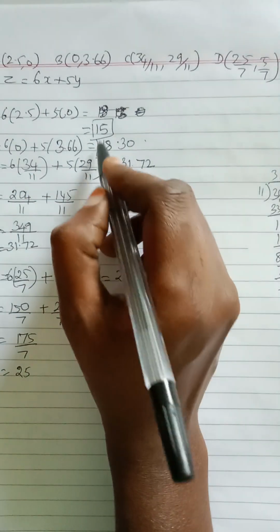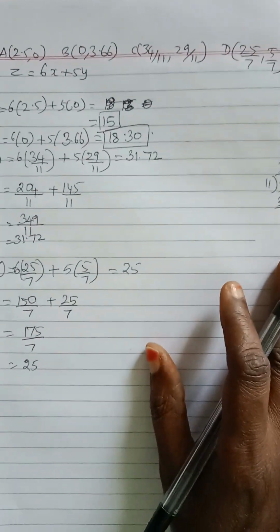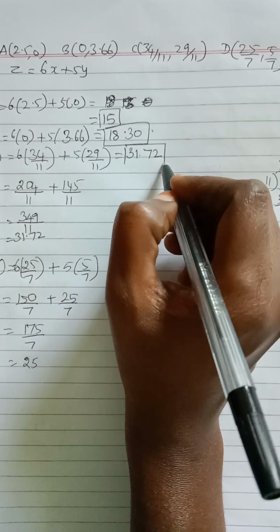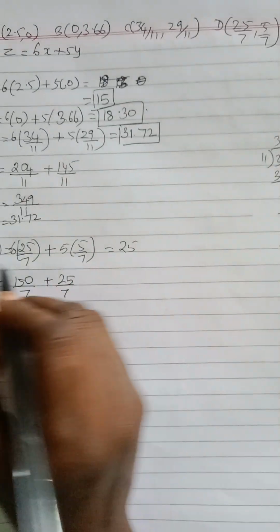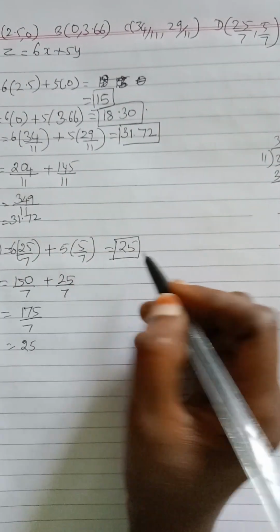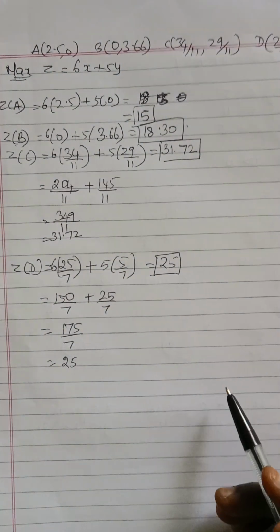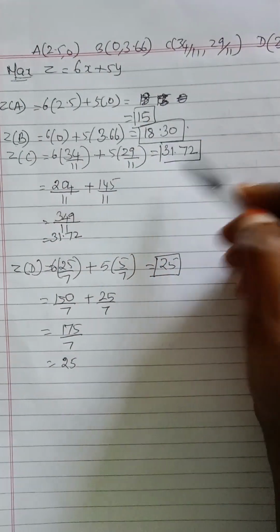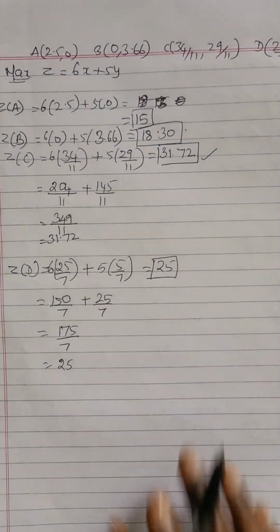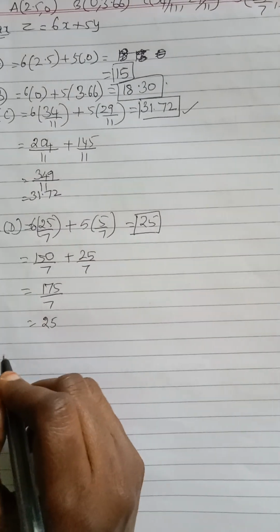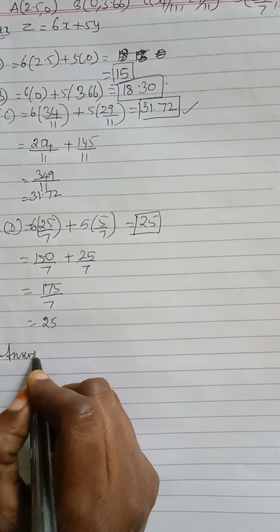So now I found out the 4 values. Z of A is 15, Z of B is 18.30, Z of C is 31.72, and Z of D is 25. So among these we have to maximize, right? Maximum of Z. So what is the maximum value? Maximum value is 31.72. Hence the answer is 31.72.